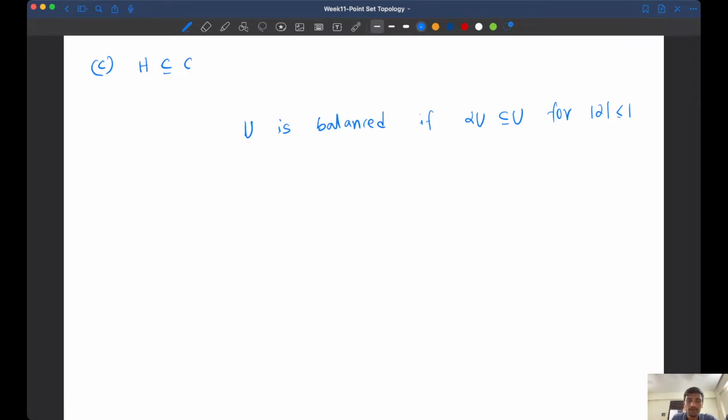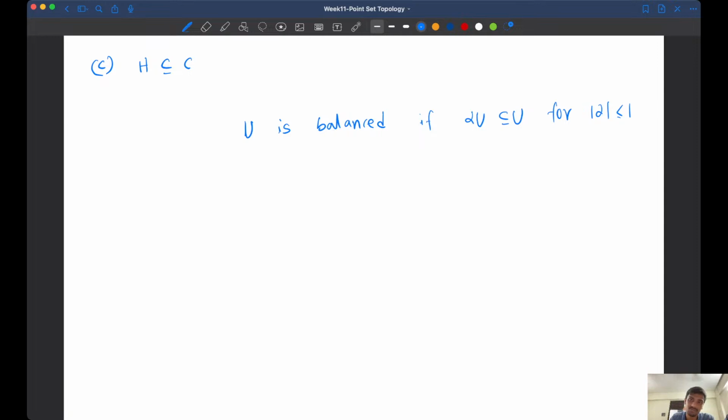Okay, from the definition, alpha U is just scalar multiples. If you consider the vector space as a real vector space, mod alpha is equal to 1.